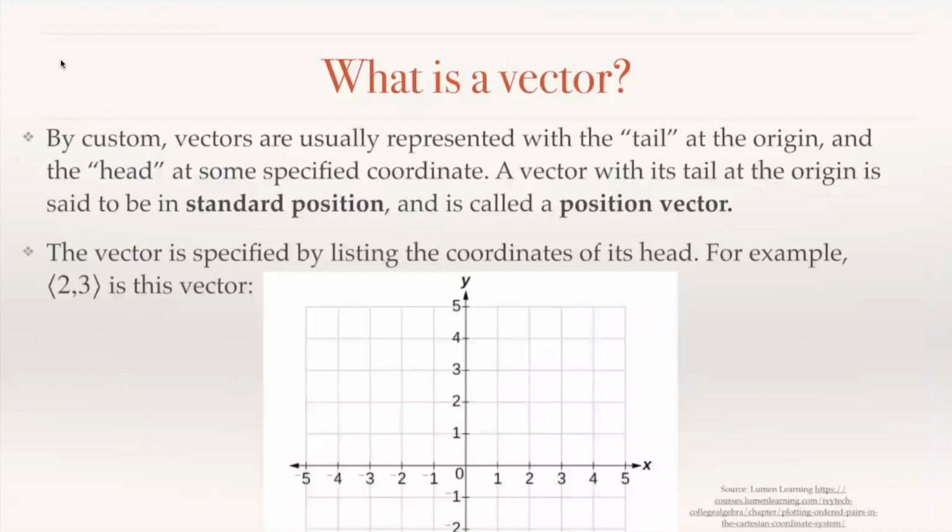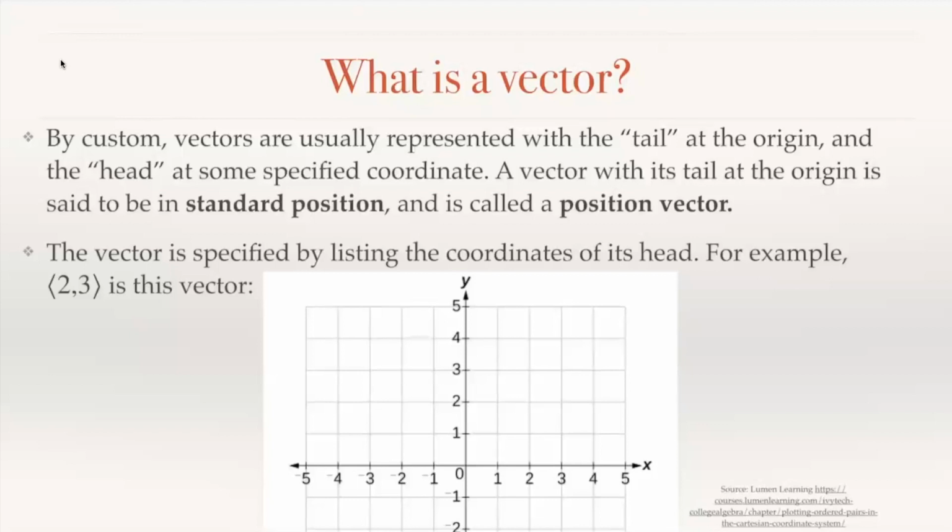By custom, vectors are usually represented with the tail at the origin and head at some specified coordinate. And a vector with its tail at the origin is said to be in standard position, also called a position vector. And one way of denoting vectors is with these brackets and the head of the vector specified, and we specify that head with coordinates in Cartesian coordinates.